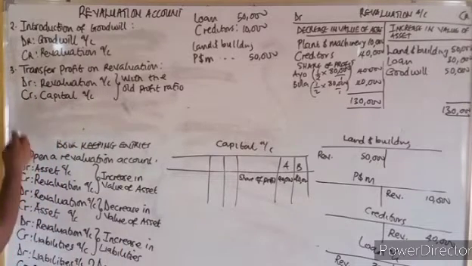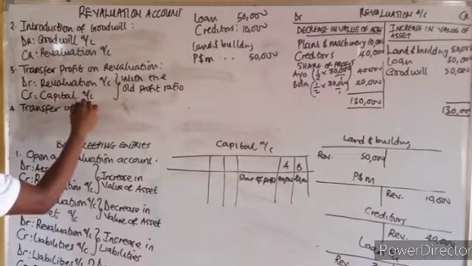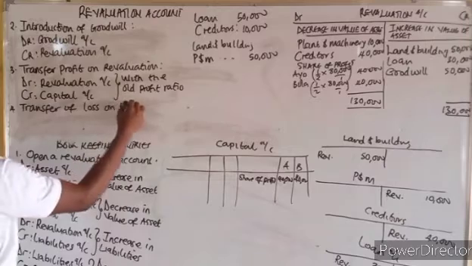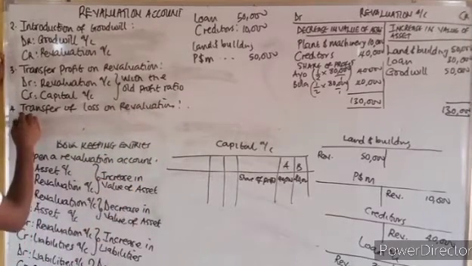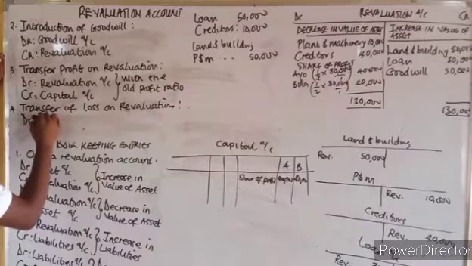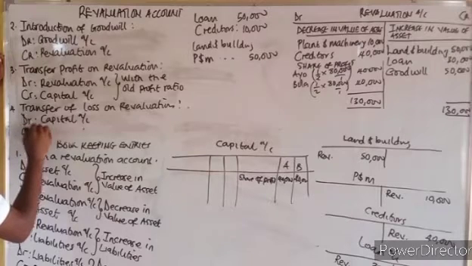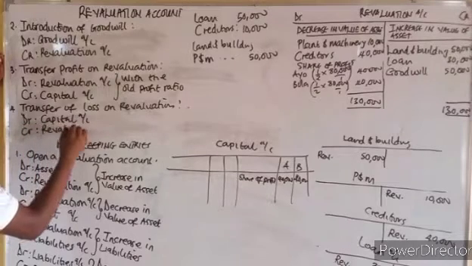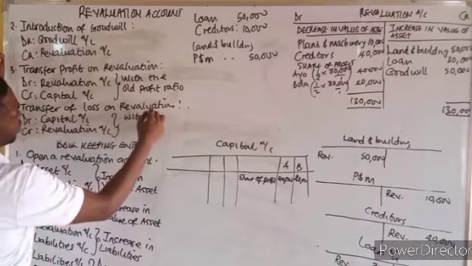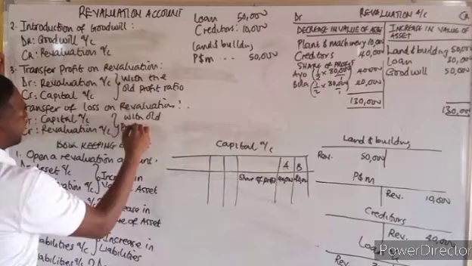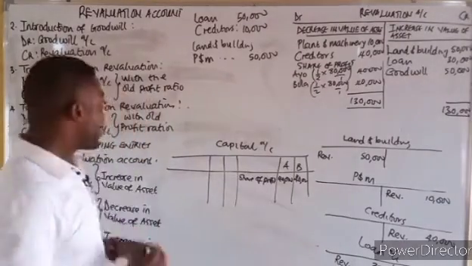Also, when there's loss, the transfer of loss on revaluation. When there's loss, what do you do now? You debit the capital account and you credit the revaluation account, also with the old profit ratio.